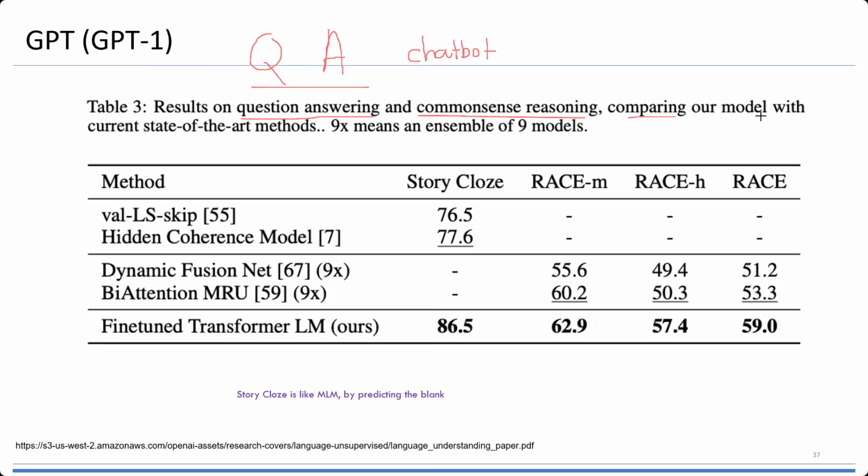They compare the model with the current state of the art methods. At that time, in 2018, those were the state of the art methods, and the new model achieves a better performance compared to the other models.